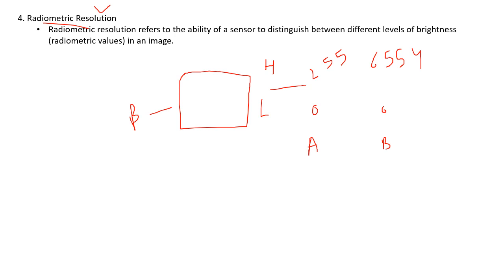So this is highest, this is lowest, 0. So which radiometric resolution is better, A or B? Of course, this is B, because here you can see many more differences on the surface of the earth. Many differences will be visible to you. Here it will not be as much visible.